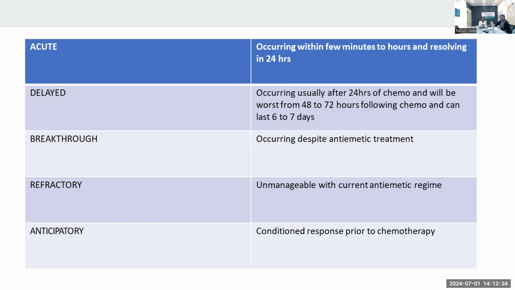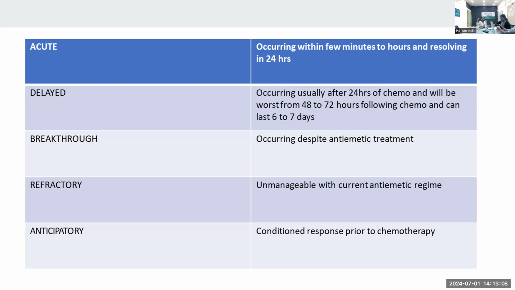The family will be very confused. They'll be telling, "Doctor, I don't know, is he telling a lie? I don't know what happens." So it happens. That is known as anticipatory vomiting. We'll talk about the mechanism later, but there is something like that. So from now on, if some patient or bystander comes and tells you, "My husband is having chemo on this day, but he starts developing vomiting the day before or 3 days back," there is a conditioned response prior to chemotherapy, and that is known as anticipatory vomiting.